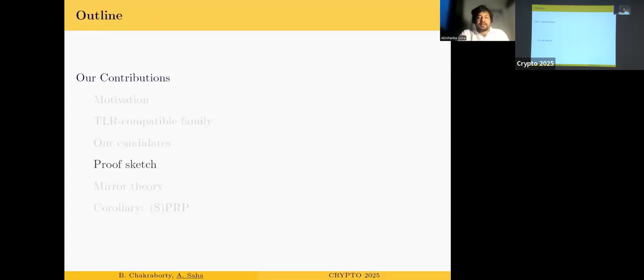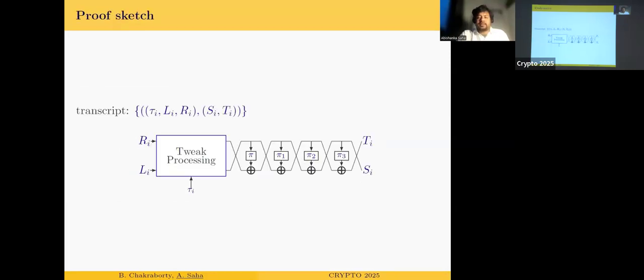And now we give a brief description of the proof. For example, we take TLR P5 to give the proof sketch, to give you a hint of the combinatorial contribution of this paper. So this is the modular TLR P5 construction, and the transcript is this: the tweak, the 2n-bit input Li Ri and the 2n-bit output Si Ti.